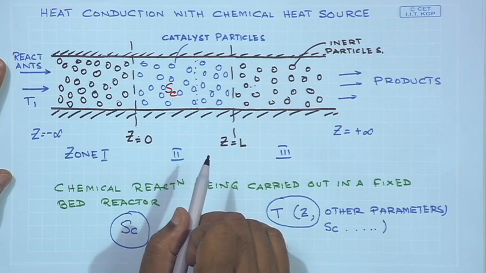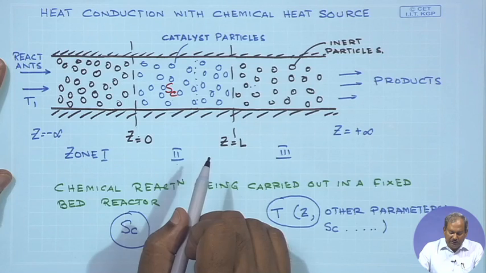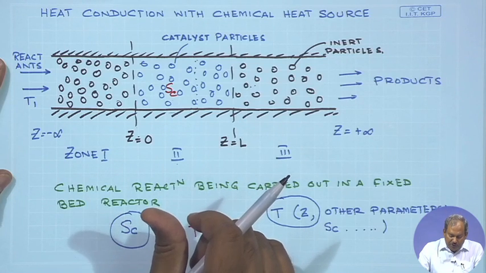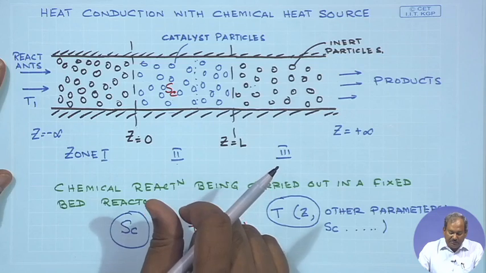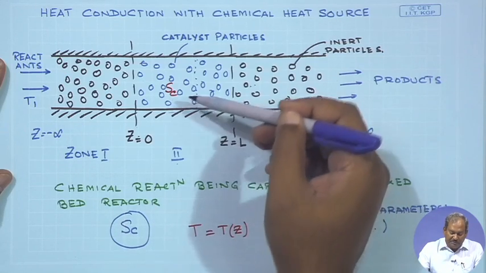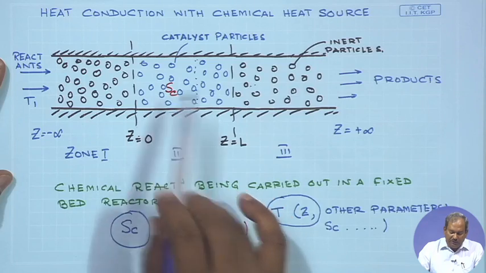So, if we are going to use a shell, then we have to use a shell whose smaller dimension would be the direction in which the temperature is changing. Temperature does not change with R, temperature changes only with Z.